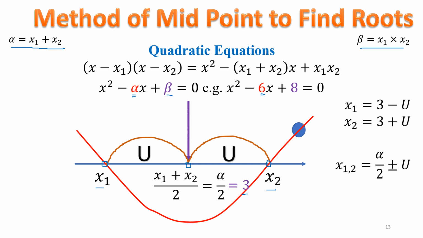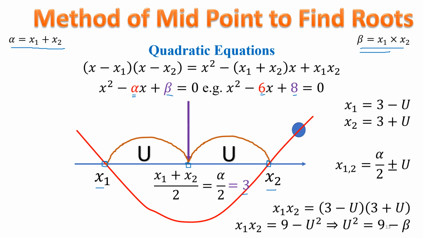Now the two roots in general can be reached from alpha by 2, the midpoint, by plus minus u. So I can employ the second formula, beta is equal to x1 into x2, and beta is known to me. So x1 into x2 is equal to (3 minus u) into (3 plus u).